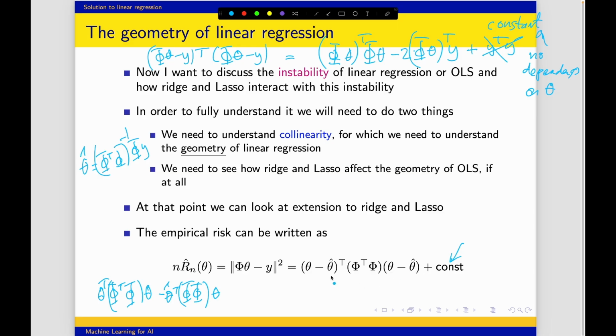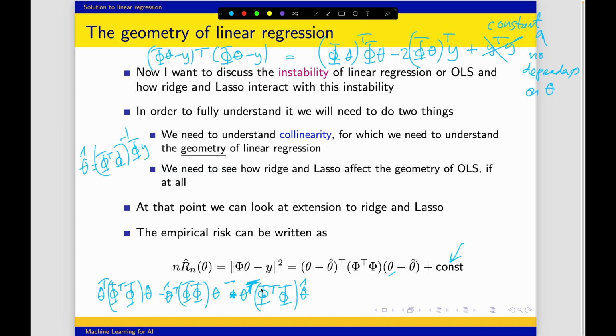And then we're going to get minus, plus this times plus theta transpose this times theta hat. So that will also result in a minus. There's a minus there and a plus there. So minus theta transpose phi transpose phi theta hat. Now, these two are going to turn out to be the same.